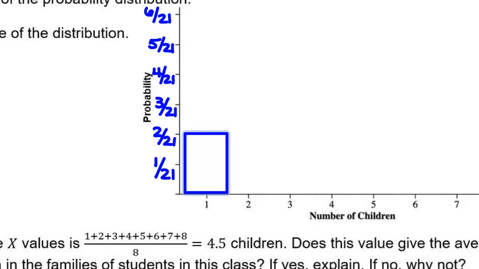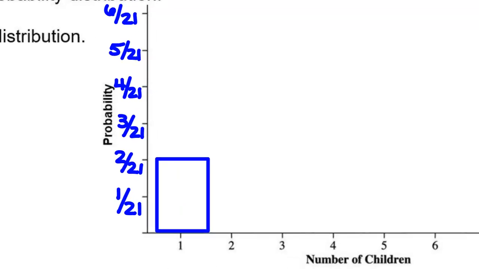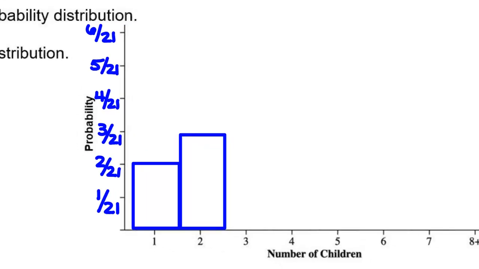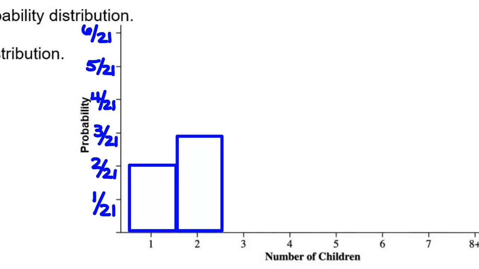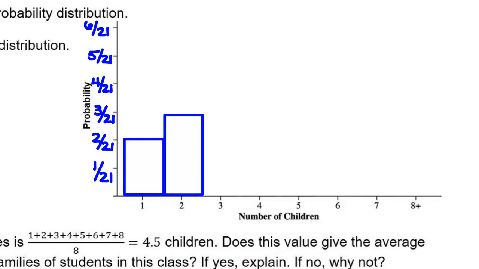What's the probability that somebody has 2 children in their family? 3 out of 21. So we're going to go up a little bit higher here. 3 children? 6 out of 21. So it goes way up here.